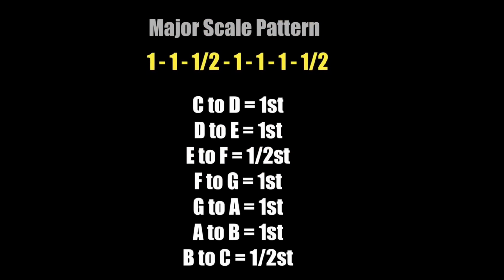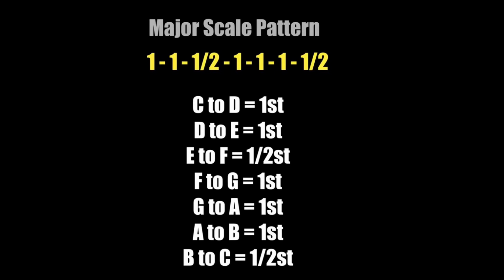Now here's the major scale pattern. That is 1, 1, half, 1, 1, 1, and half. Note that all of these are steps. So when I say one, I mean one step, a half step, one step, one step, one step, and a half step.